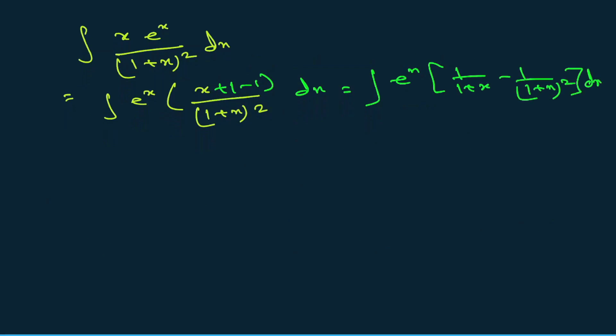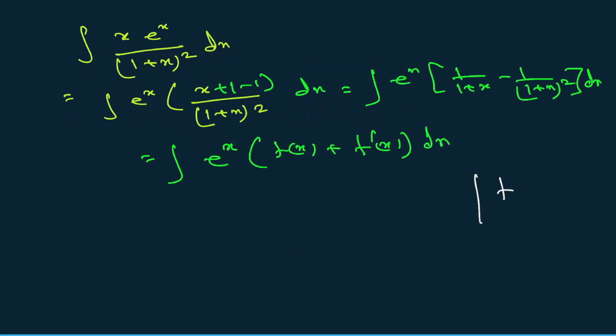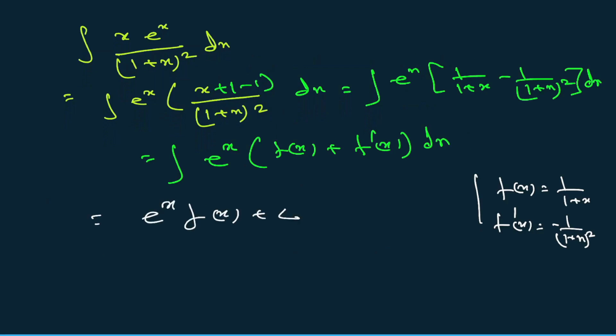So see one thing, it is in the form of e to the power x into (f(x) plus f dash x), because if f(x) equals 1 by 1 plus x, then what will f dash x be? Minus 1 by (1 plus x) whole square. f dash x is the minus of this. Therefore, the answer is e to the power x into f(x) plus c. Therefore, e to the power x by 1 plus x plus c.